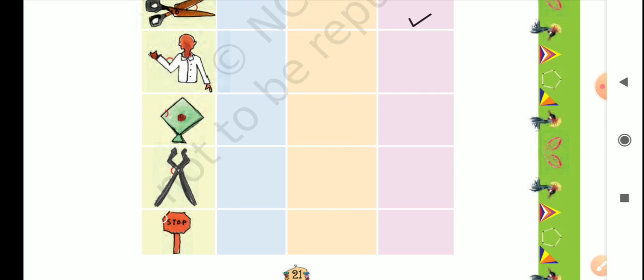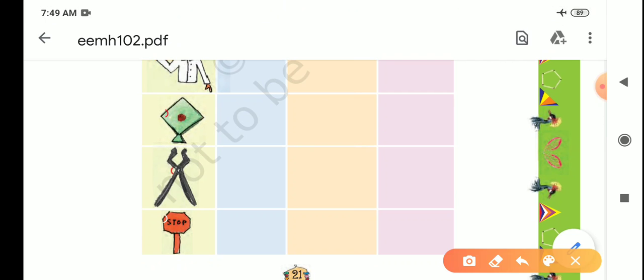Here also the angle is marked in the form of more than 90 degrees. So we will put a tick mark here also in the column of more than 90 degrees, because the angle is more than 90 degrees. So here we have solved this exercise.